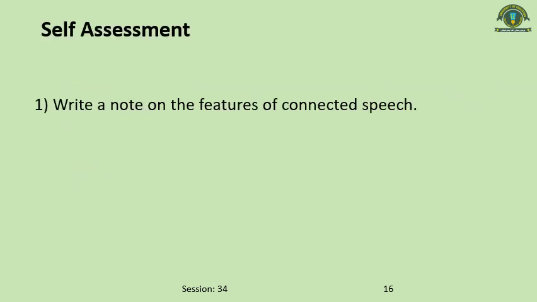Well, last but not the least, my dear students, the most important part of each and every session, and that is the self-assessment component. Today we tried to understand the common features of connected speech. During session number 33, we just tried to understand some of the names, but this time we tried to understand through examples what the common features of connected speech are.